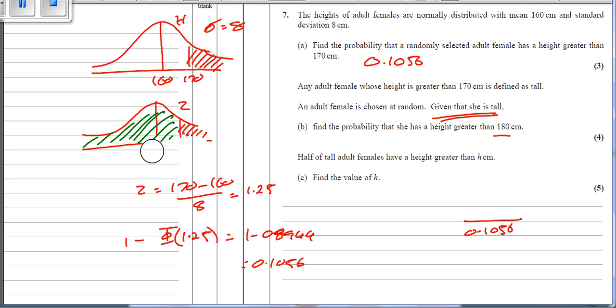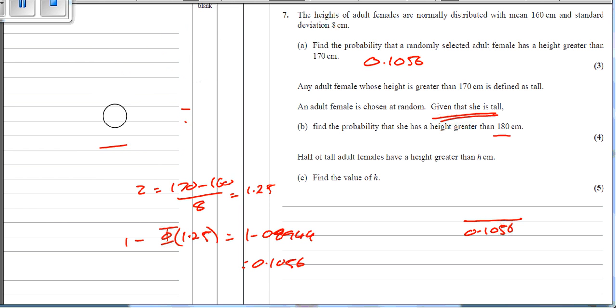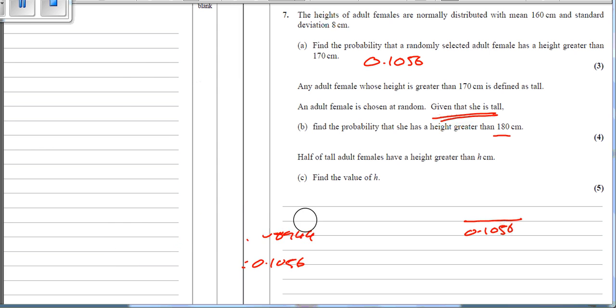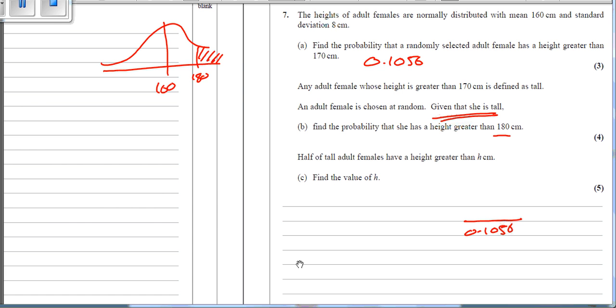So what we now do is work out the probability that this person's height is 180 or above. We've got 160, we've got 180. We turn it into the z curve, where the corresponding value is 180 minus 160 divided by 8, which is 2.5.